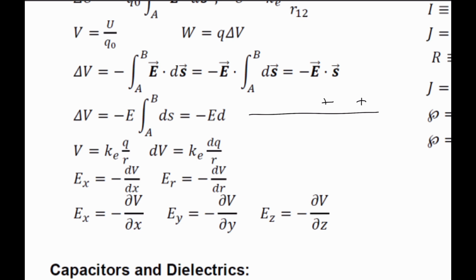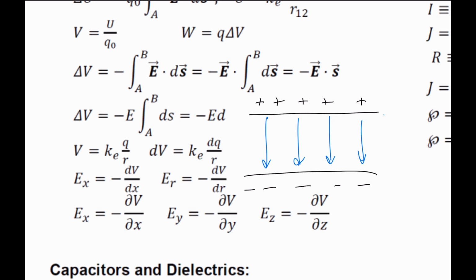We have a uniform electric field created by charged plates like this, and it creates an electric field like this. And these plates are separated by a distance d, and inside of them they have a constant uniform electric field E. This is telling you the potential difference over here between these charged plates is literally equal to minus sign.